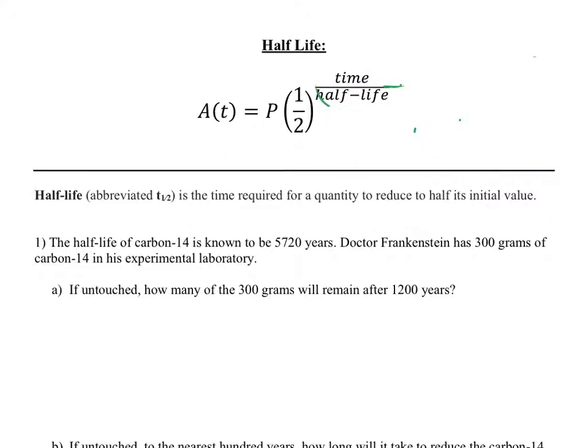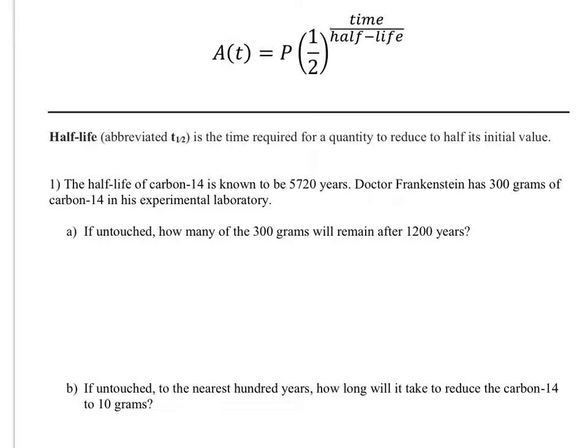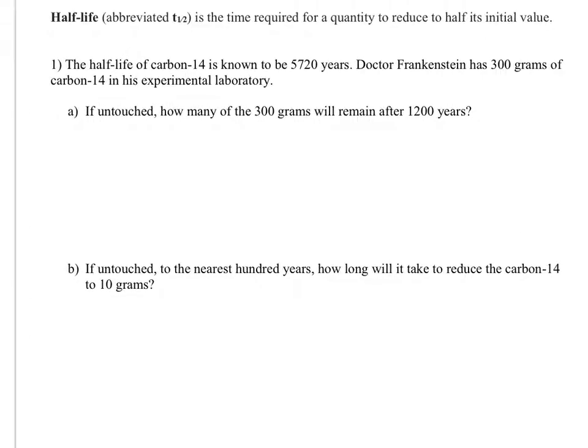So I don't know why I'm erasing it, but it's very satisfying. Okay, so carbon-14 is one of those very common things that you've heard of before, I hope. A lot of anthropologists like to date artifacts using carbon-14. Really, really old ones, because the half-life is actually 5,720 years.